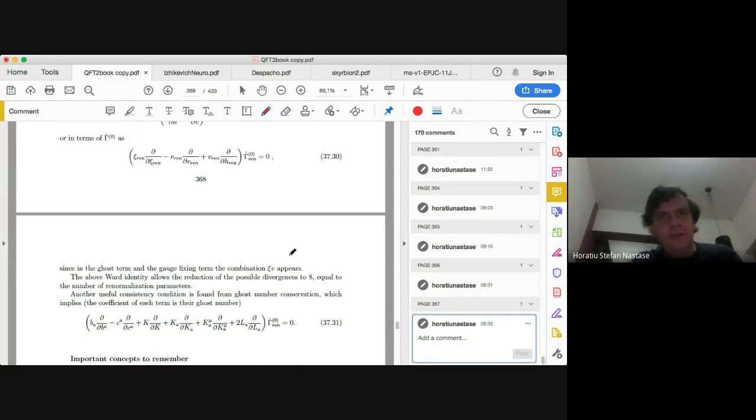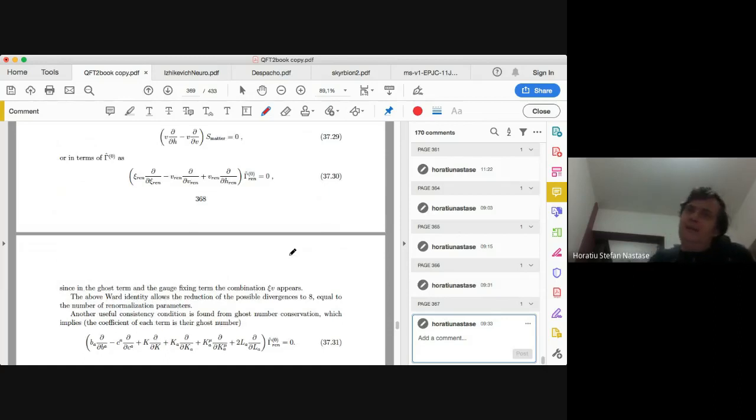So ghost number is defined as, if you want, I have b times the variation of the gauge fixing function with respect to the parameter times c, right? In the ghost term.